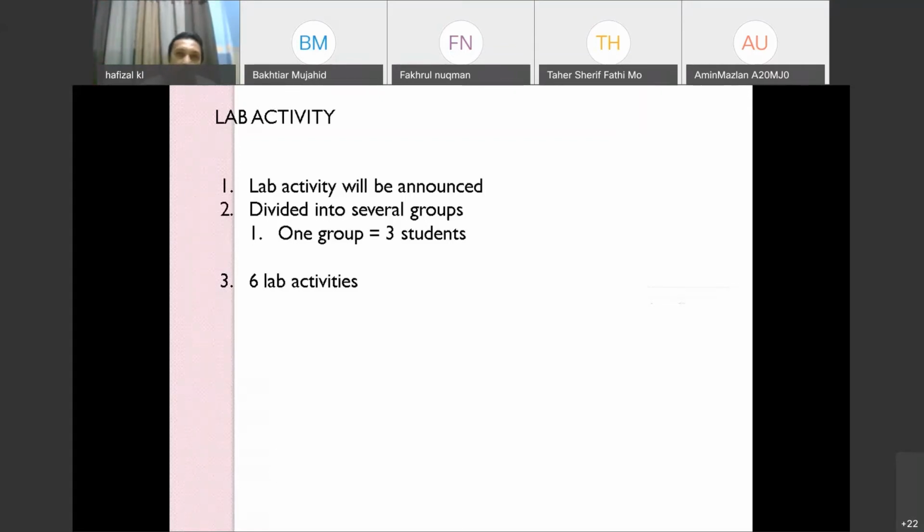So we will start week number 8, and then we'll finish week number 14. It depends on the availability of the virtual lab, because we are still working on the virtual lab activities. Maybe we will start week number 6, according to when we are ready with the virtual lab.